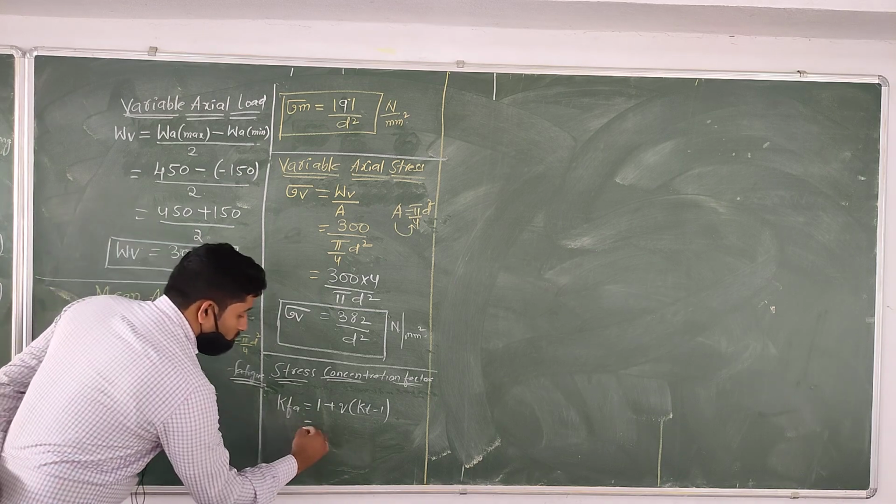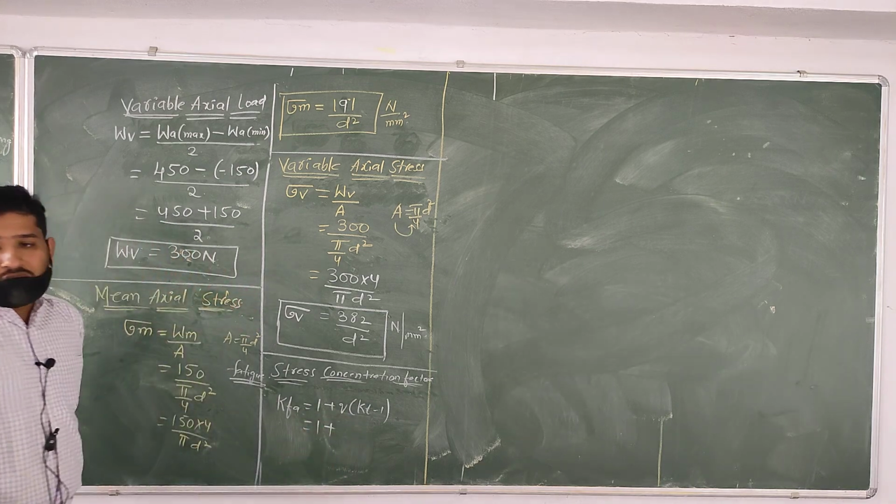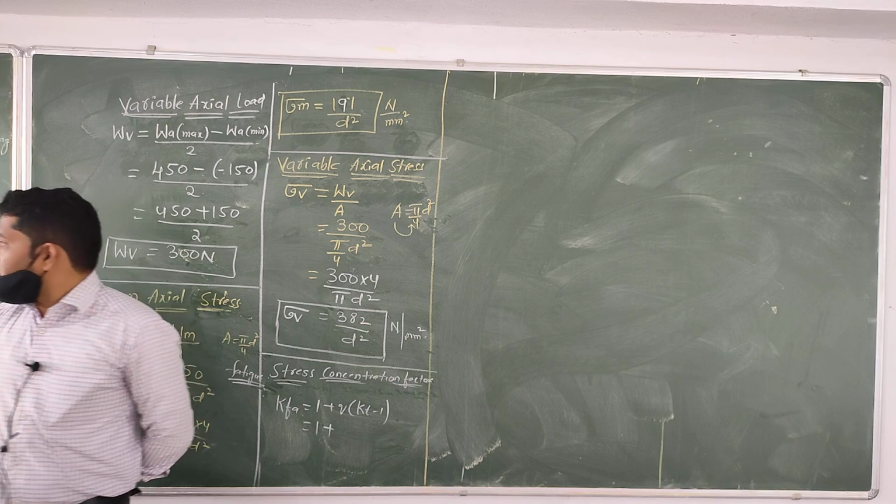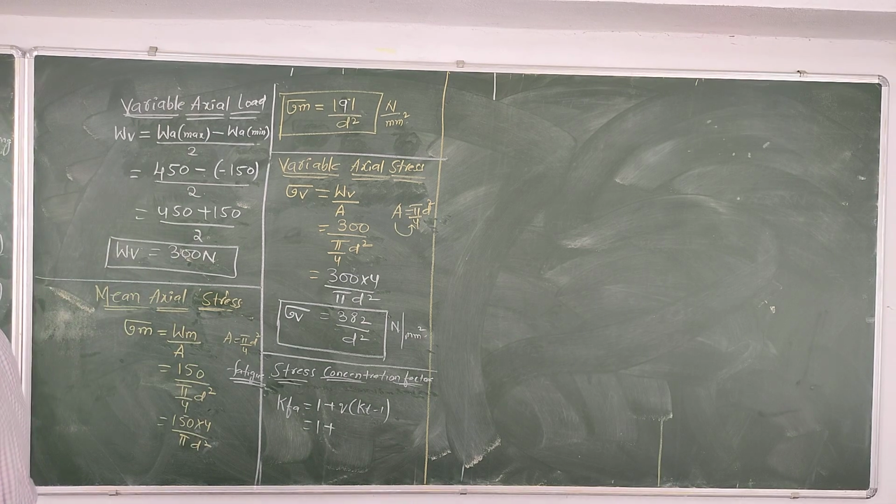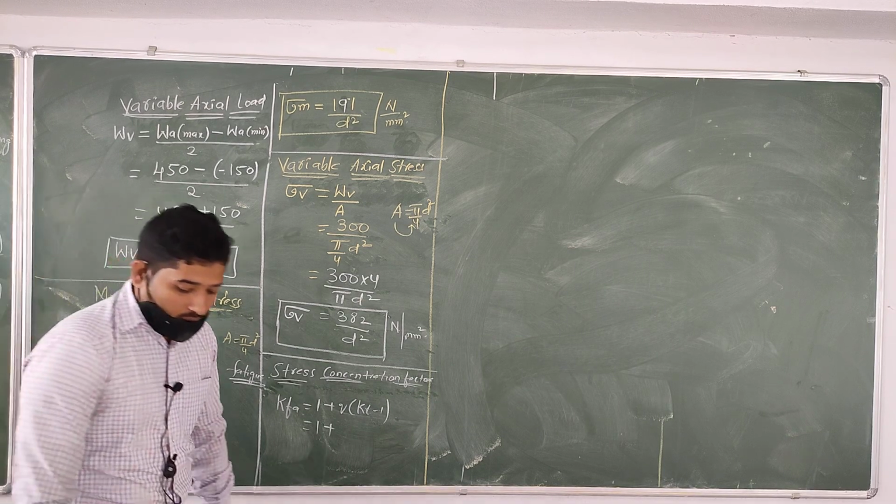Okay, here 1 plus q. q is the notch sensitivity given here. How much is given here? q? 0.90. 0.90 is given here.